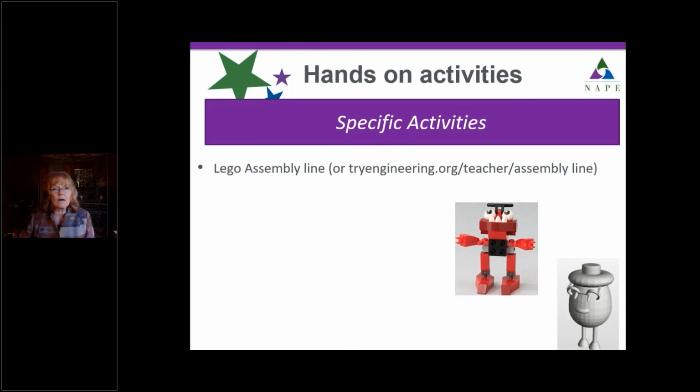They are required to design and construct an assembly line process to assemble a product as quickly and efficiently as possible, meeting the quality control criteria. Then they have to test and redesign the assembly line and compare the differences between assembling a product individually versus using an assembly line. So this is a really great activity that shows what industrial engineers do.